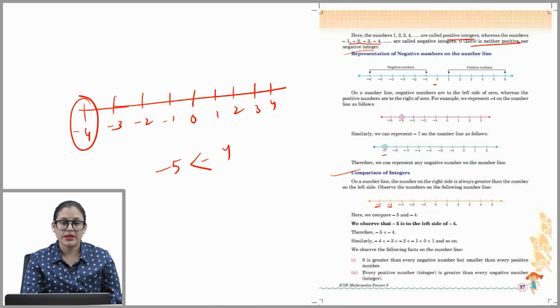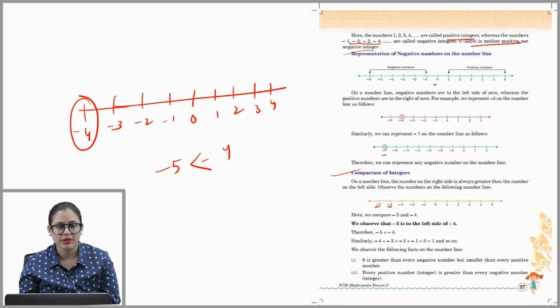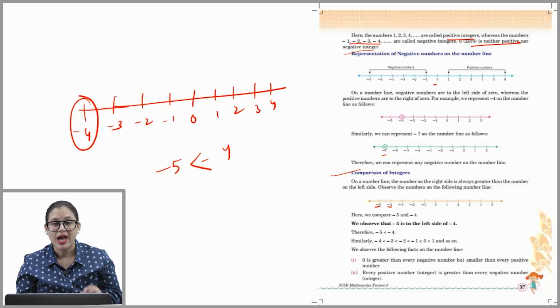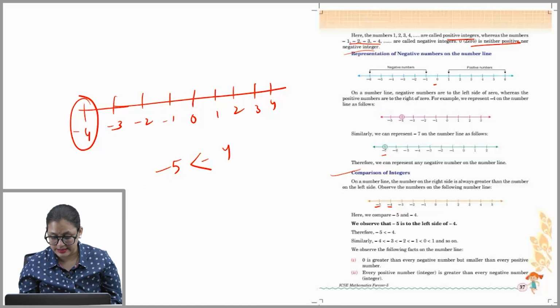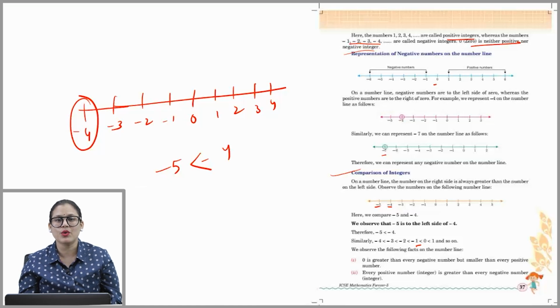Because minus 5 is to the left of minus 4, minus 5 is less than minus 4. Similarly, minus 4 is less than minus 3, minus 3 is less than minus 2, minus 2 is less than minus 1, minus 1 is less than 0, and 0 is less than 1, and so on. So the numbers on the right side of the number line are greater than the numbers on the left side.